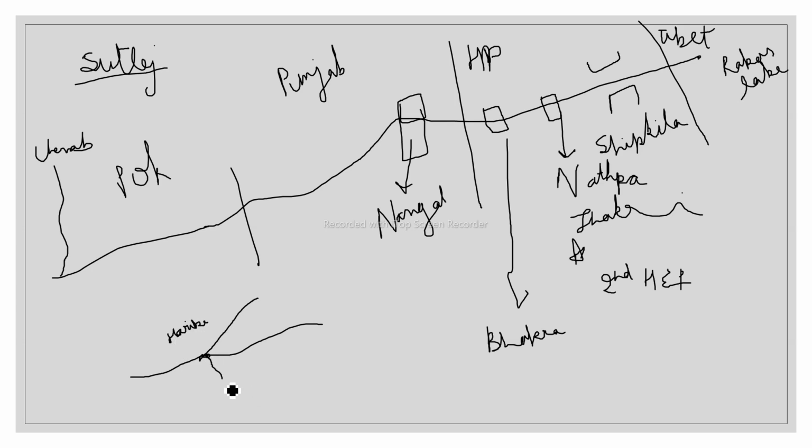There is Harike barrage, and from this the water is diverted in this direction as well. This is a canal system, and this canal system is called Indira Gandhi Canal. This is the largest canal.